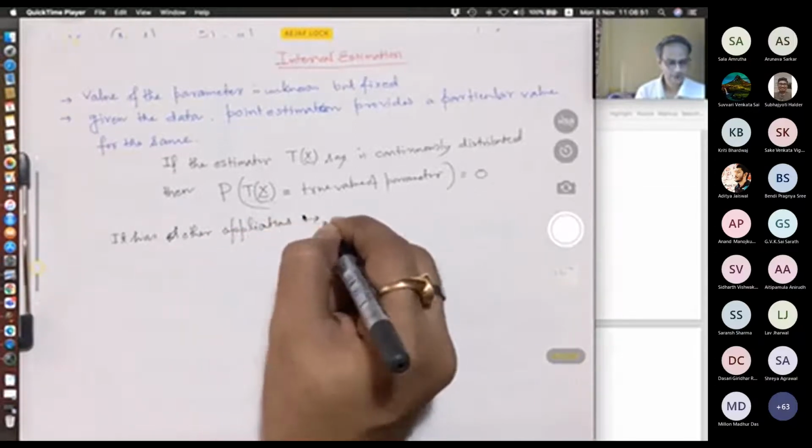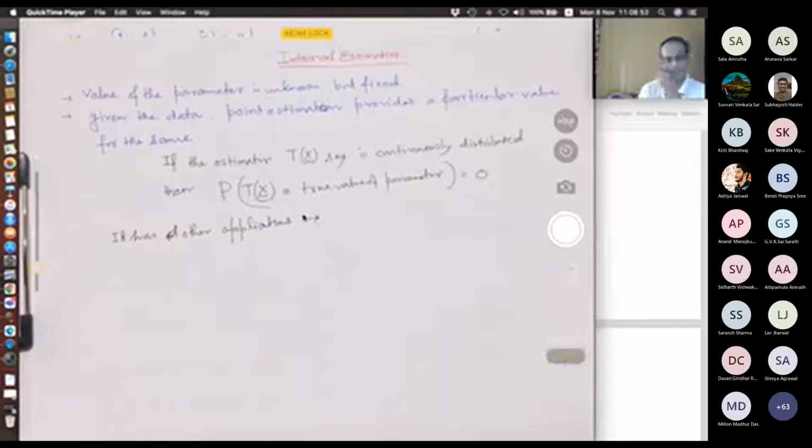For example, in a medical report, say you go for a hemoglobin count, or blood sugar fasting or with food, or creatinine level, or platelet count. They give an interval.